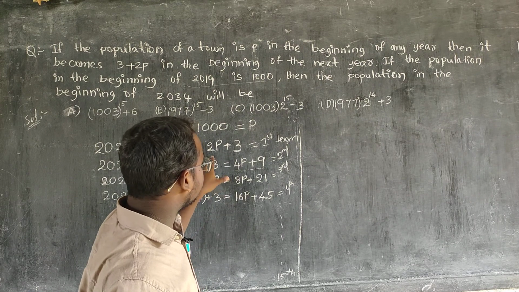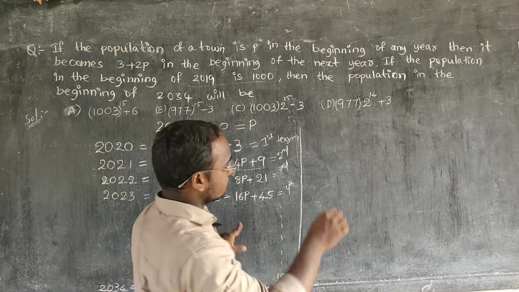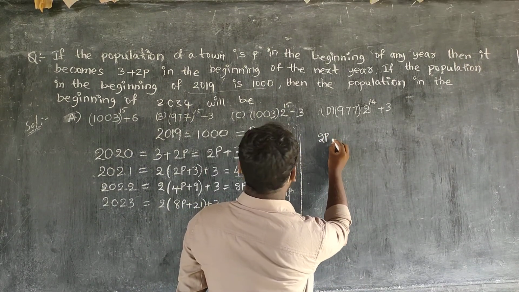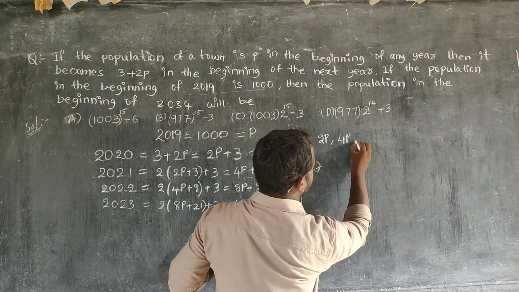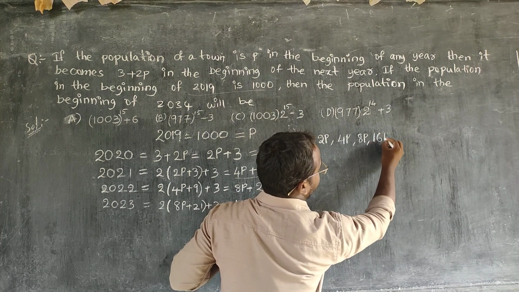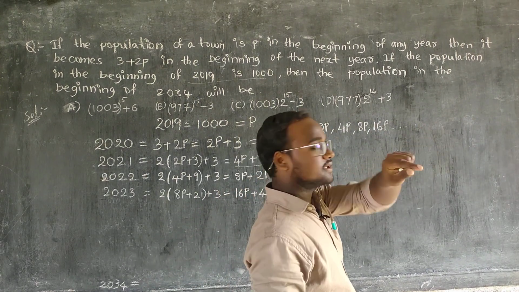First of all, I am finding the relation between these 2P, 4P, 8P, 16P, and so on. What we want here is the 15th term.